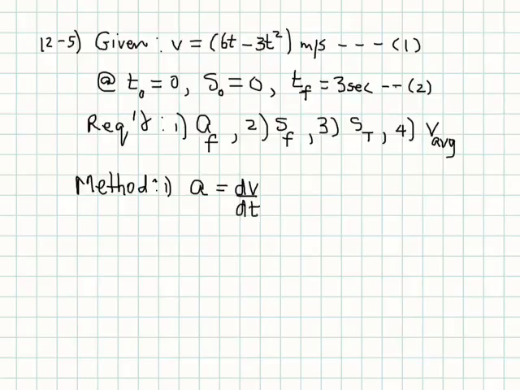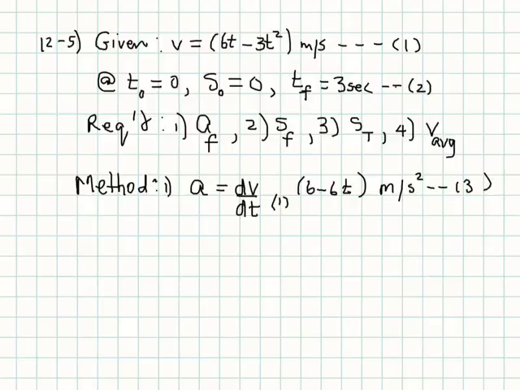And so, using equation number 1, we differentiate that expression with respect to time, and we get 6 minus 6t. And of course, this is an expression for acceleration. The unit will be meters per second squared.